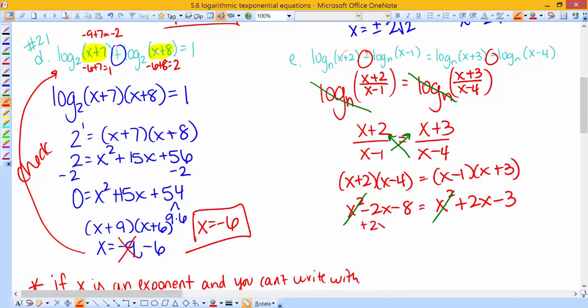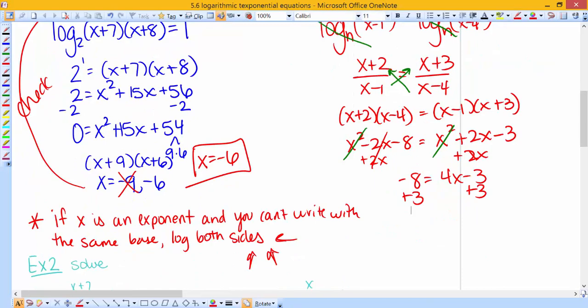I'm going to add 2x to this side. That one cancels. So I have negative 8 equals 4x minus 3. If I add 3, I get negative 5. So negative 5 equals 4x, divided by 4. And I get negative 1 1/4.